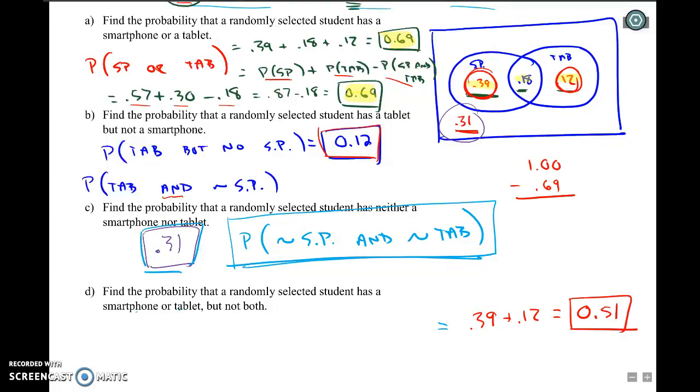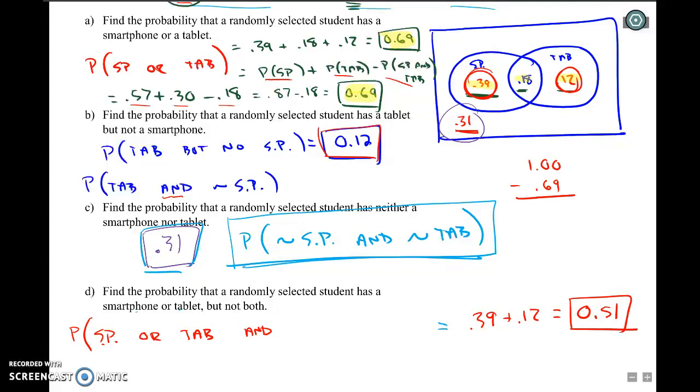How would I write it? What's the probability? Has a smartphone or a tablet, but not both. Has a smartphone or tablet and... oh geez, I'm not even really sure.